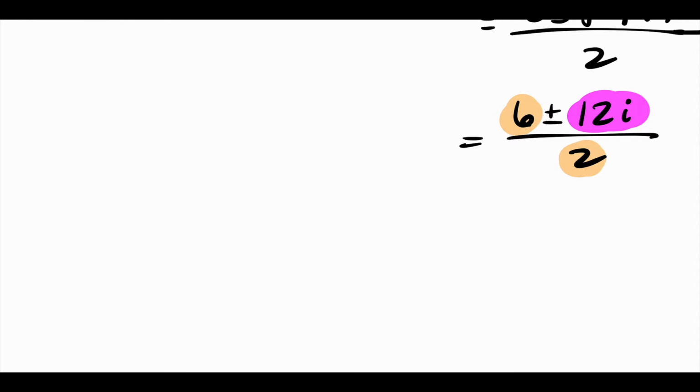So I'm going to write it like this: 6 divided by 2 plus or minus 12i divided by 2. When I do that, it allows me to separate them. Now, this part is my real part.